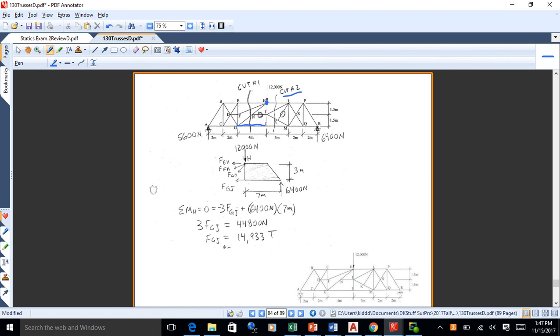Now, once I've got JG, I can jump that to the other side and see that's going to equal JM, because I've got a simple T joint there. Not much going on. I can do a sum of FX at J and jump it over to JM. And once I know JM, I've independently found one of those 4 unknowns. I've only got 3 left. And then I can go ahead and knock out the one I want, which is LH.